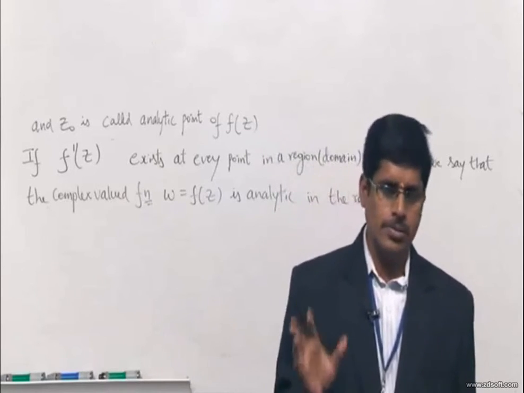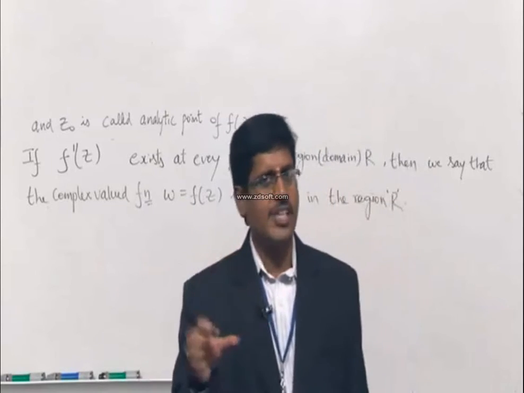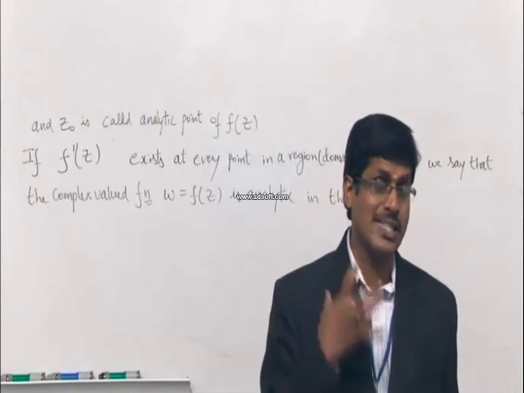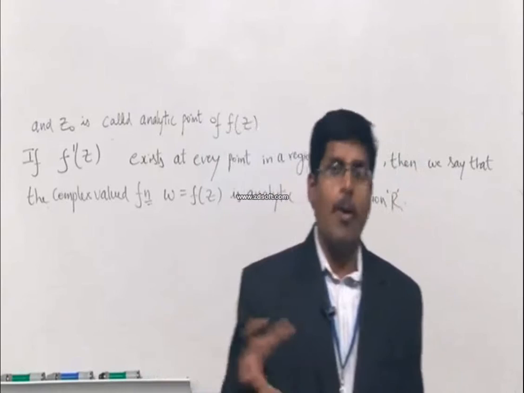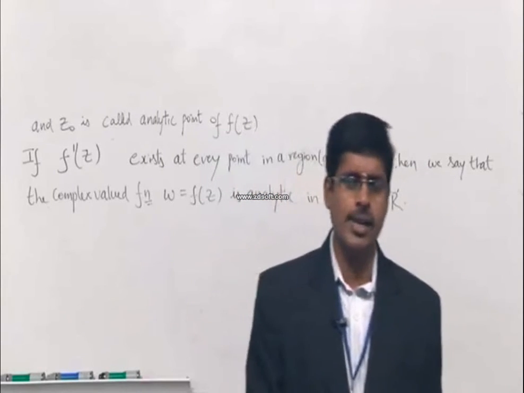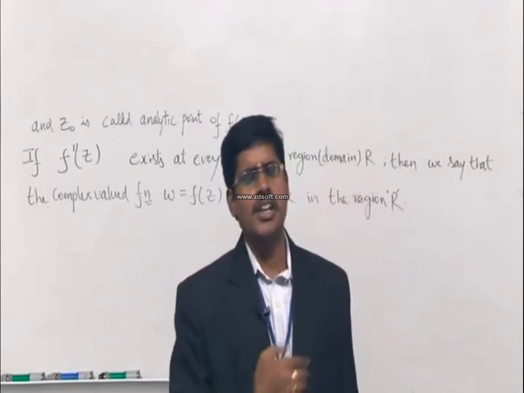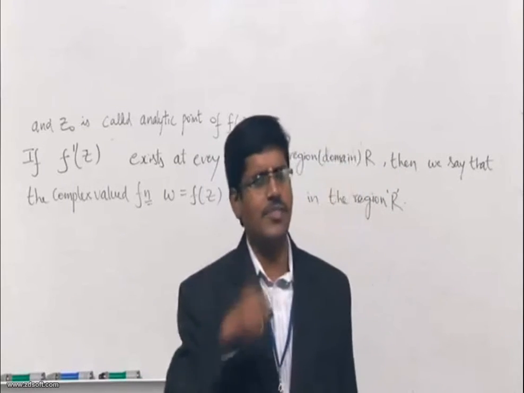Now, not only at z0 f of z is differentiable, but also at every point in some neighborhood of z0. What is some neighborhood of z0? There exists a circle, that is, at every point inside a circle with a center at z0 and a radius some delta. With a single point taken as a center, there are so many circles formed, and all those circles are called concentric circles having different radii.